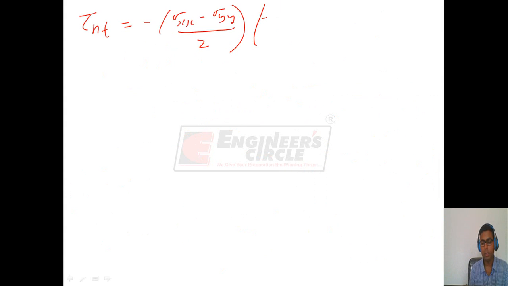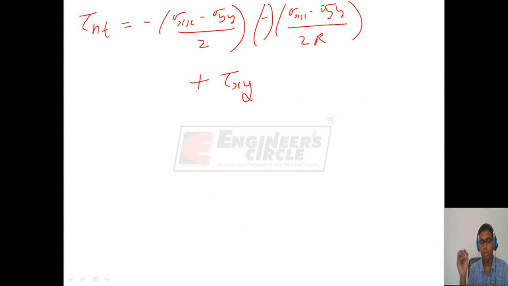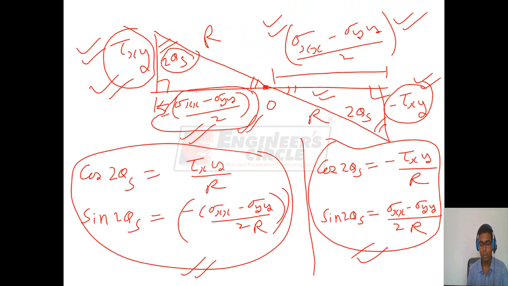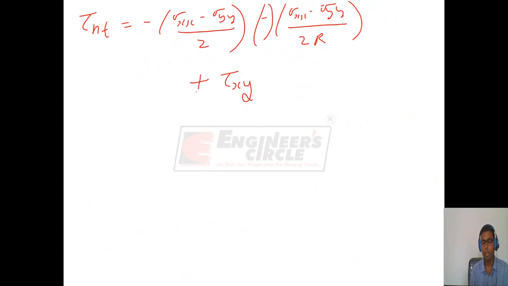So we get minus (sigma xx minus sigma yy) by 2r plus tau xy cos 2 theta, and cos 2 theta is this. So we get tau xy square by r.